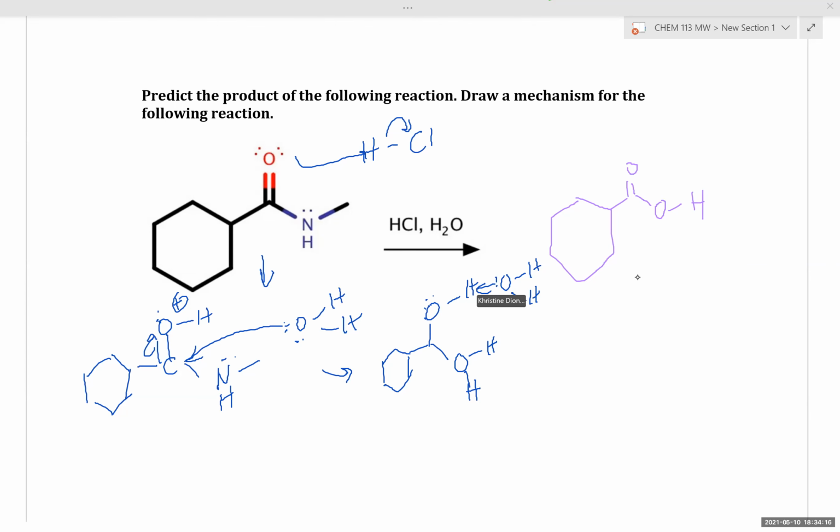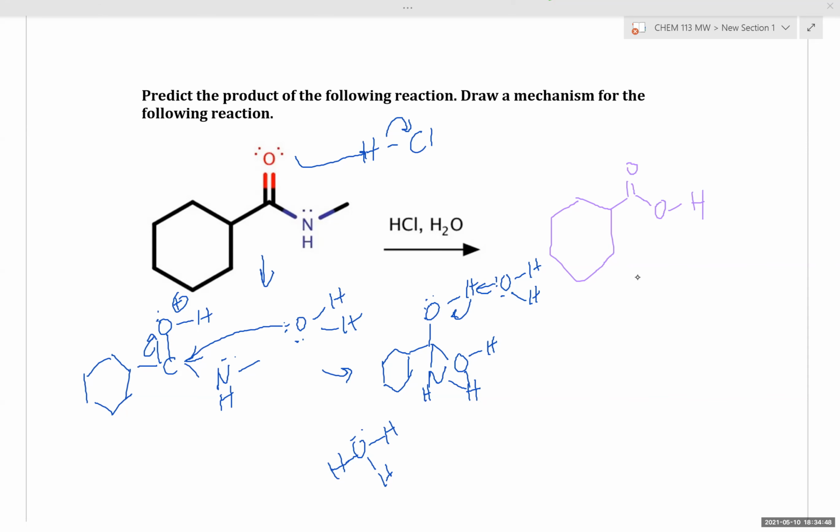I think we lost our amine early. Yeah, perfect. So from here, we're going to pull off a proton and we're going to, well, I think before that proton transfer step, we need to activate our leaving group.